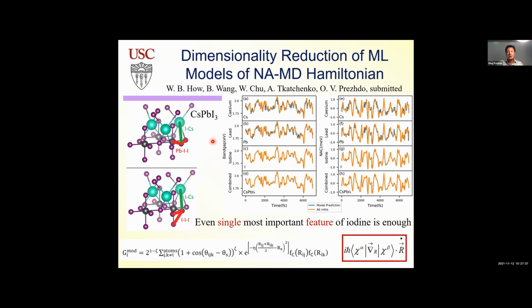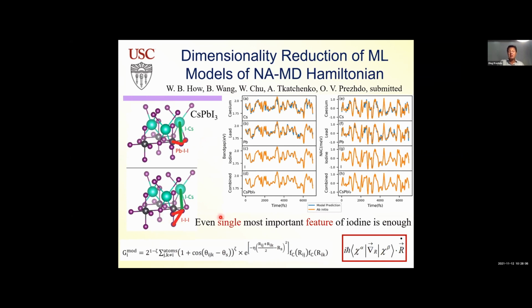And then we also looked at individual features, because in this case, we have several features associated with each atom. And we analyzed and we discovered that if we focus on iodine, we can just select one feature of iodine, which would be the angle and the distance, iodine cesium distance, and then lead iodine angle, or iodine cesium distance and iodine angle, almost the same result.